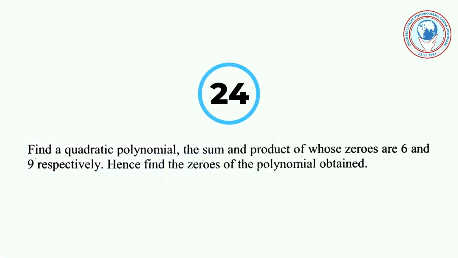Now question 24. Find a quadratic polynomial, the sum and product of whose zeros are 6 and 9 respectively. Hence find the zeros of the polynomial obtained.